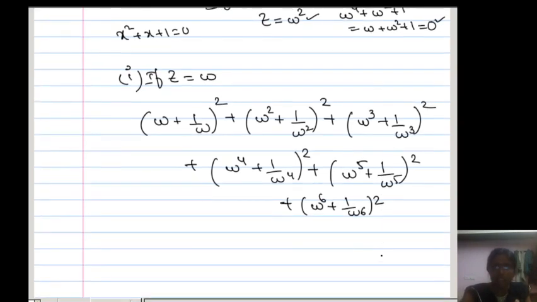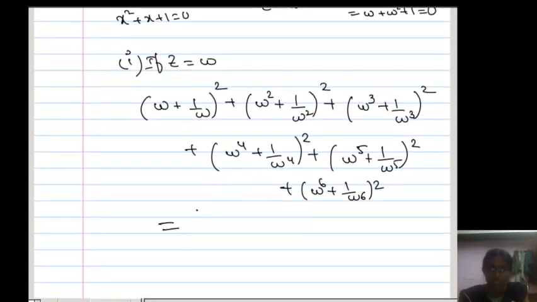That is LHS. If you substitute z = ω, first case, 1/ω, you can observe that you can multiply and divide by ω².